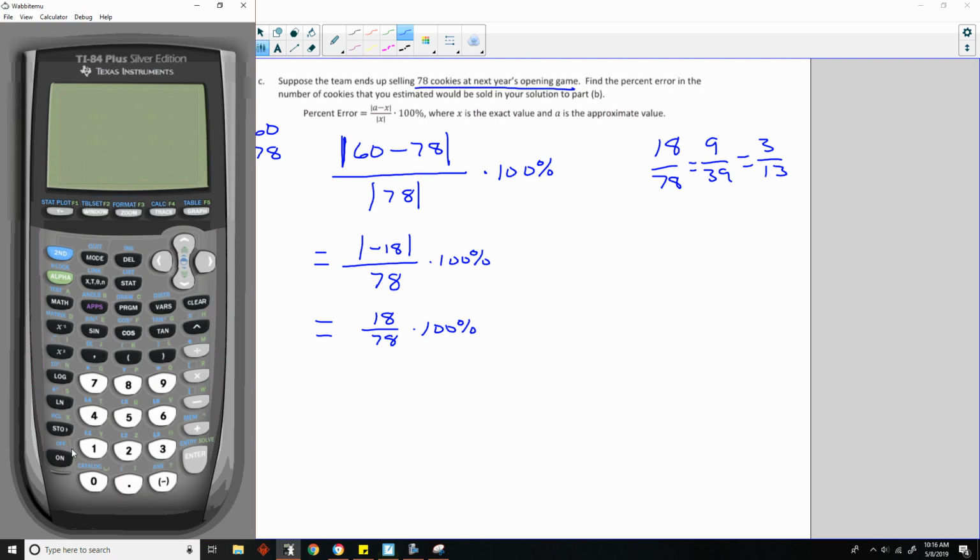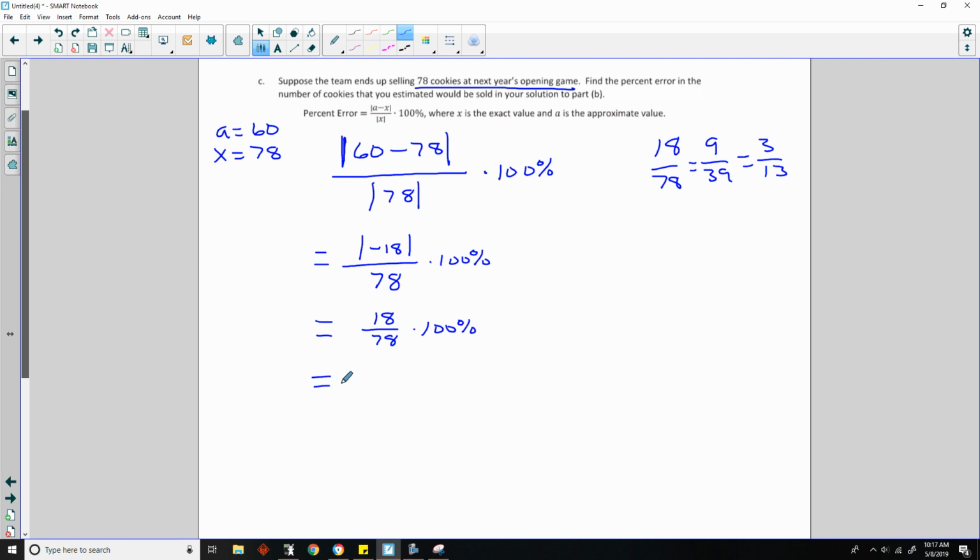So I'm just going to take my calculator and take 18 divided by 78 and hit enter. And it's 0.2307. So I'm just going to say approximately. Approximately 23%.